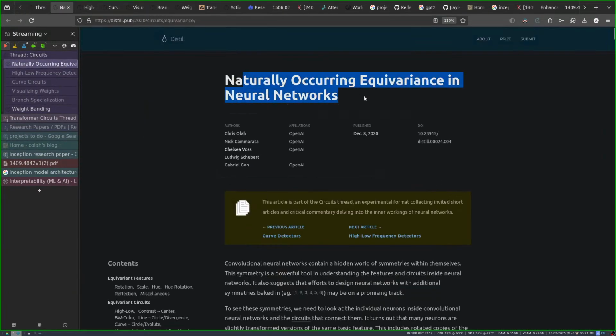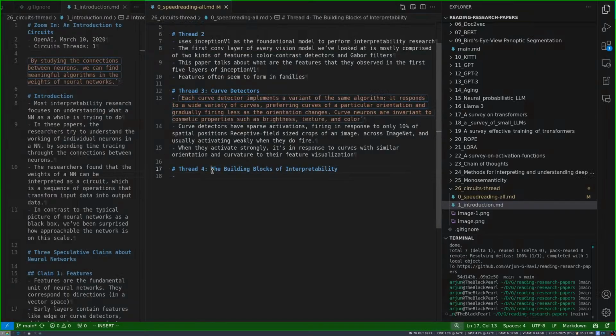Right, naturally occurring equivariance in neural networks. So this is the one. I think I have to rename this.